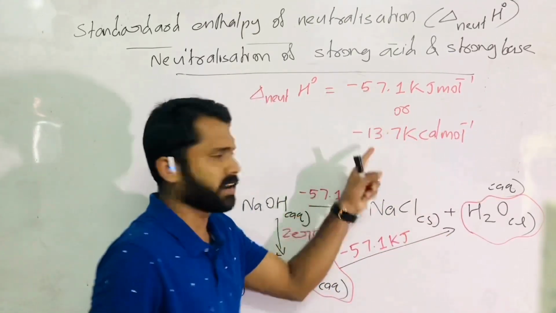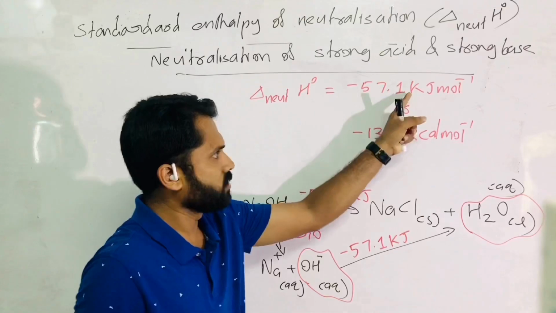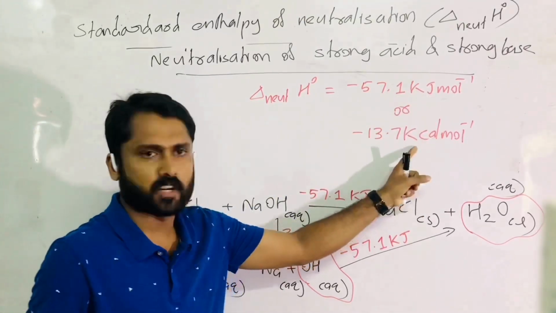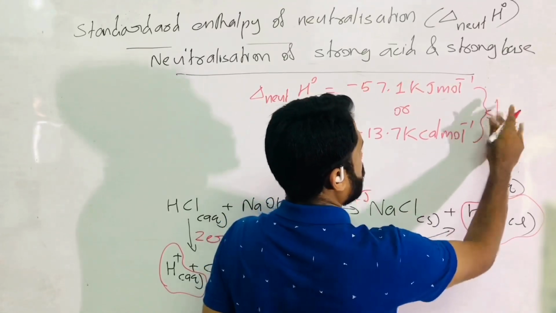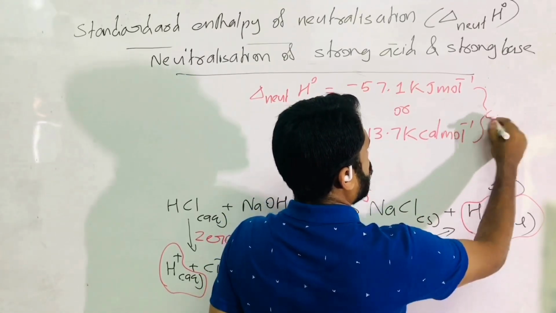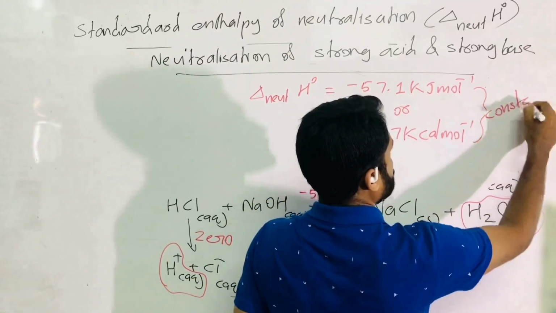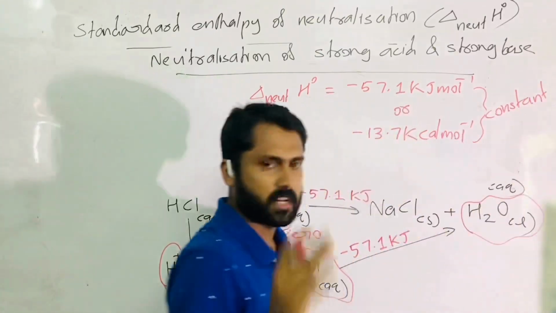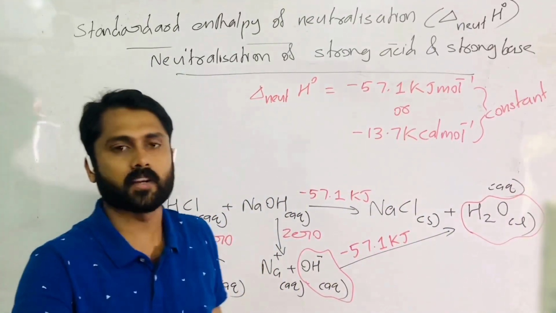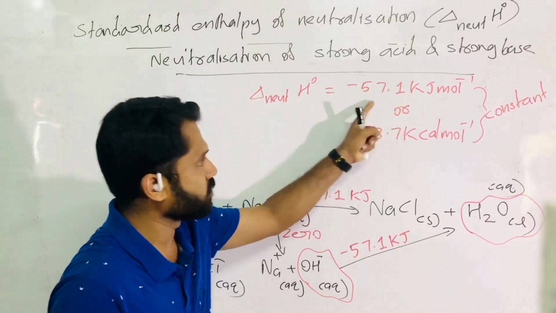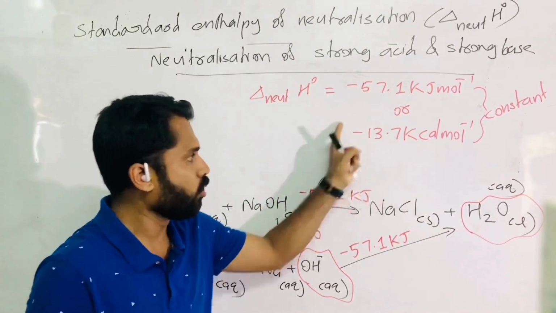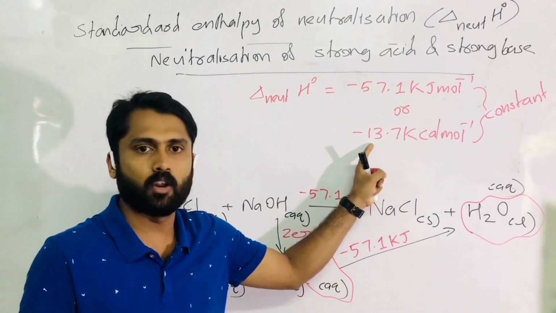That is simply an energy change; kilojoule is converted to kilocalorie. This value is constant. Neutralization enthalpy of strong acid and strong base is constant. That value is minus 57.1 kilojoule per mole or minus 13.7 kilocalorie per mole.